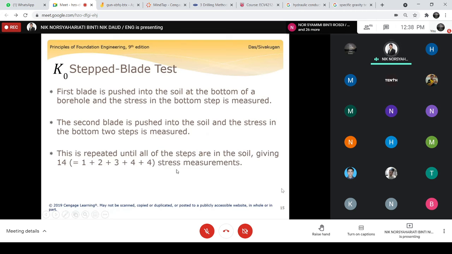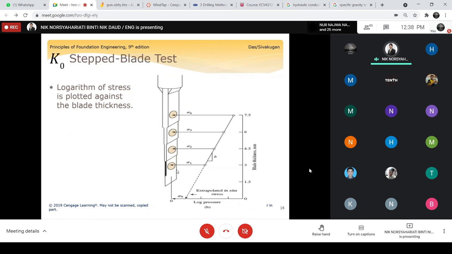For the procedure of the step blade test, you can refer to your MindTap for details. But of course, you can highlight based on the presentation: first, the first blade is pushed into the soil, then the second blade is pushed, followed by the first blade. Then it repeats until giving the stress measurement.